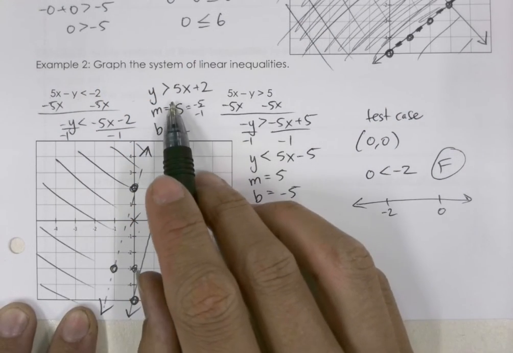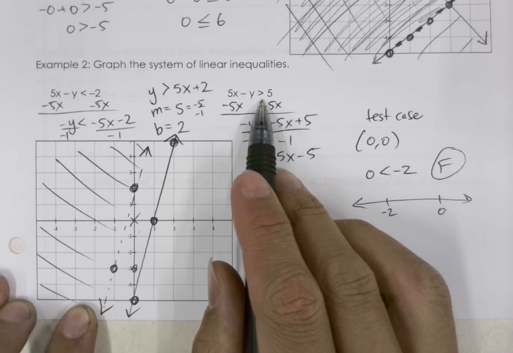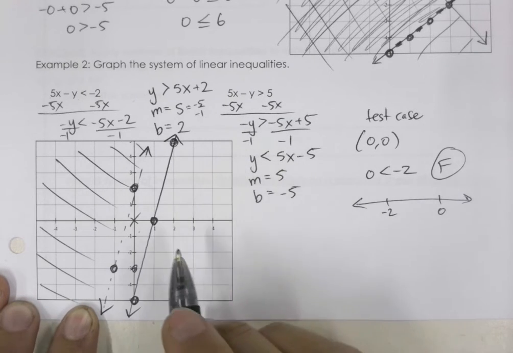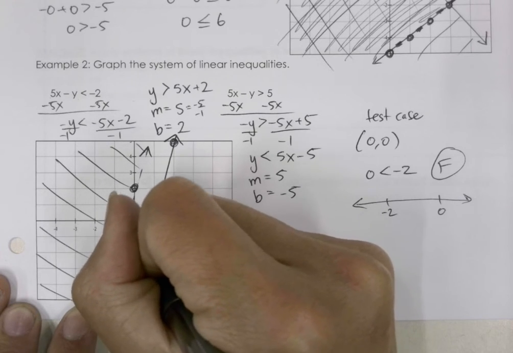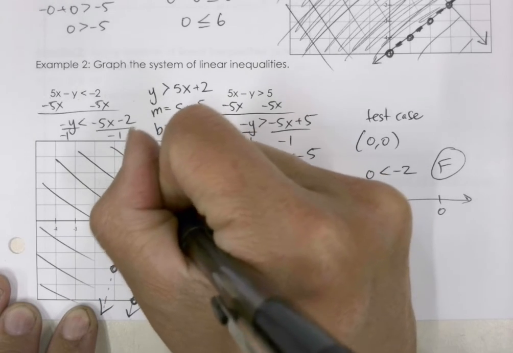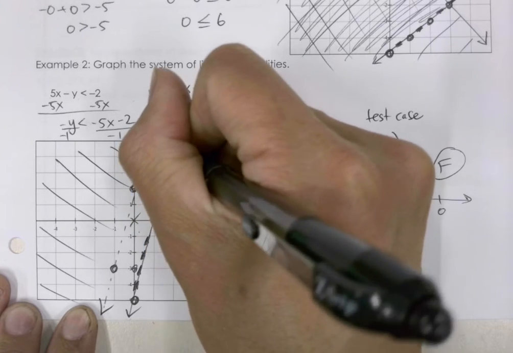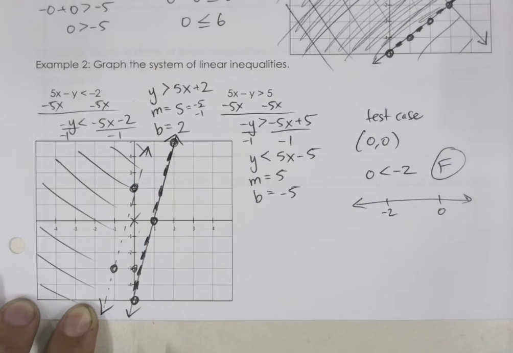Oh no, this is less than, so this line should actually be a dotted line. I'm going to signify that with these extra marks here. A dotted line, not a solid line.